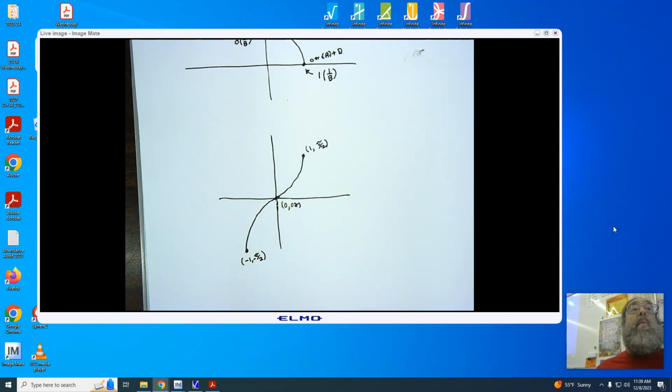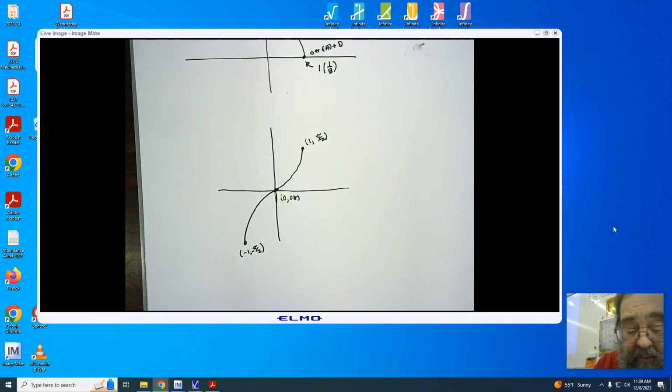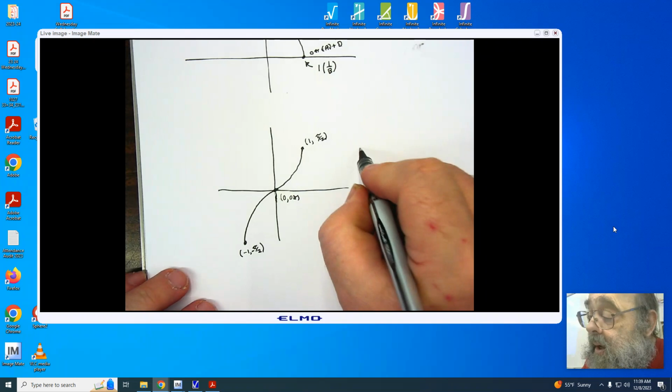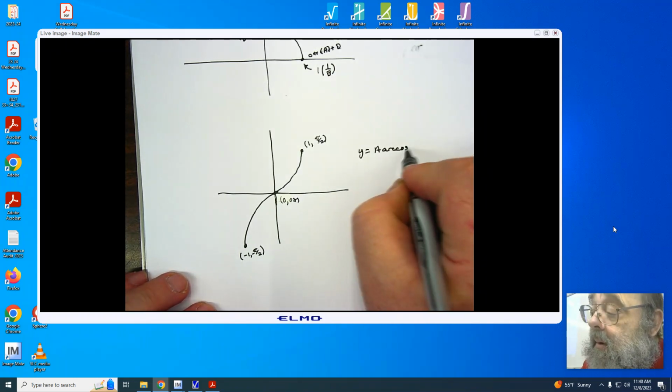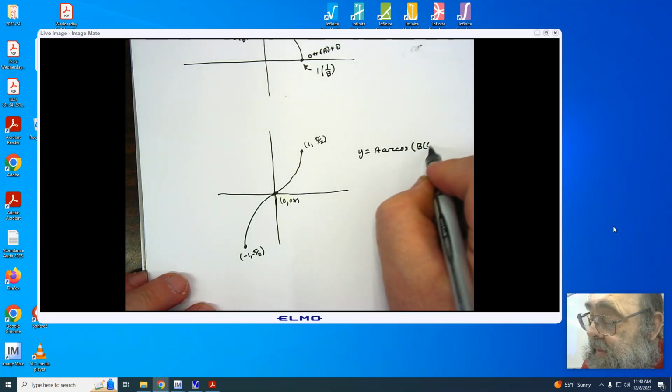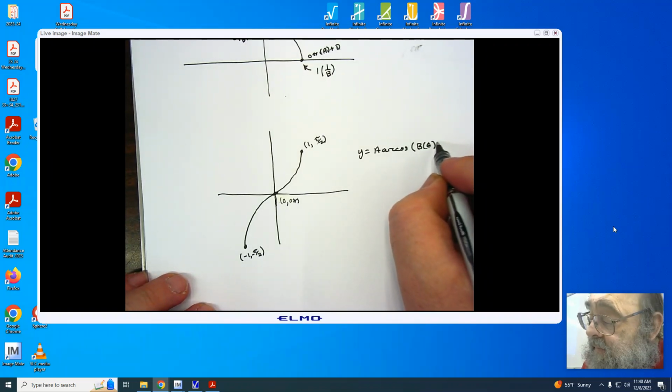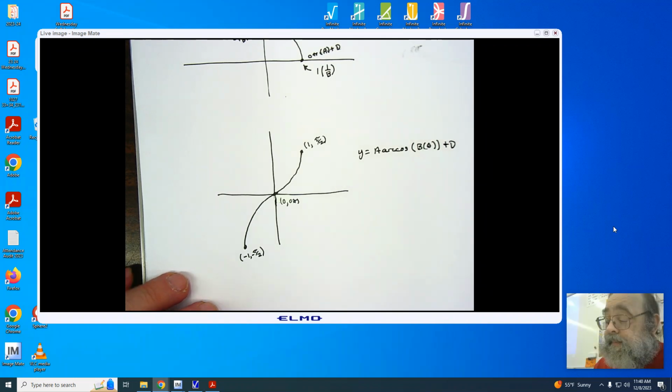Now, just as we saw with the cosine, each of these values is being altered. And we're looking at the formula y equals a arcsine of b theta, once again, no c value, please, plus d.